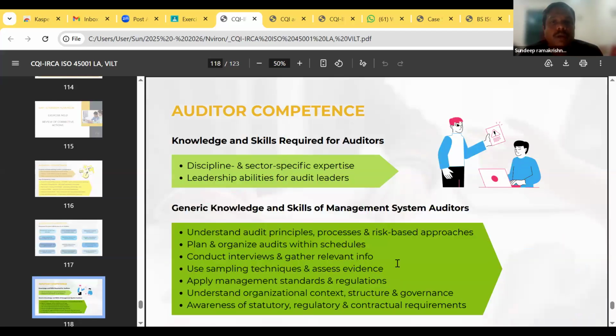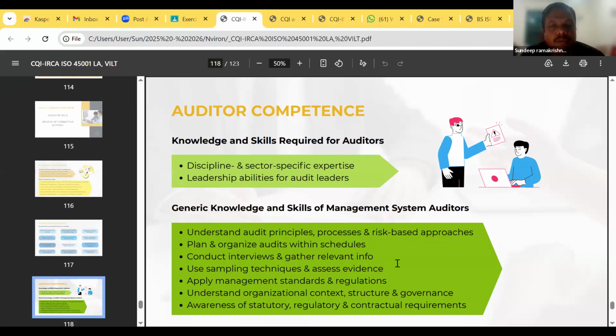These are auditor competence. So knowledge and skills, you have to learn about the various disciplines and sector specific expertise. If you can build in yourself, that is a good quality, right? And generic knowledge and skills of management system auditors, you have to understand audit principles, processes, risk based approaches, right? Plan and organize audits within schedules, conduct interviews to gather info.